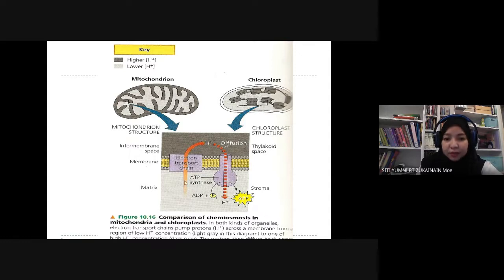Then the protons diffuse back across the membrane through ATP synthase. So this diffusing back across the membrane through ATP synthase drives the synthesis of ATP.